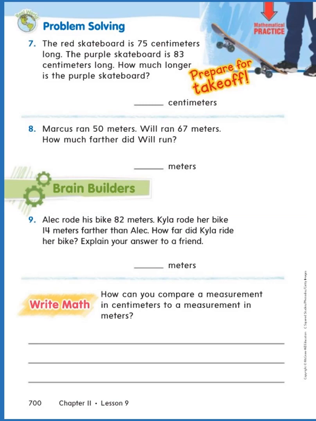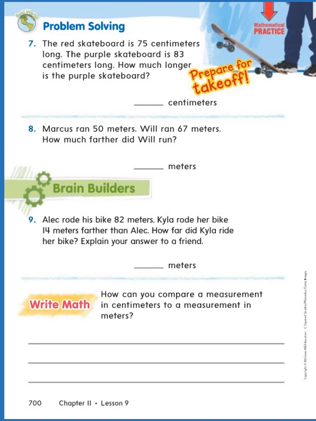Kyla rode her bike 14 meters farther than Alec. How far did Kyla ride her bike? Explain your answer to a friend. Okay, think carefully about that. Remember, brain builders usually require you to do an extra step in the math. So it's similar to the ones that we did before, but there's a little bit more to it.